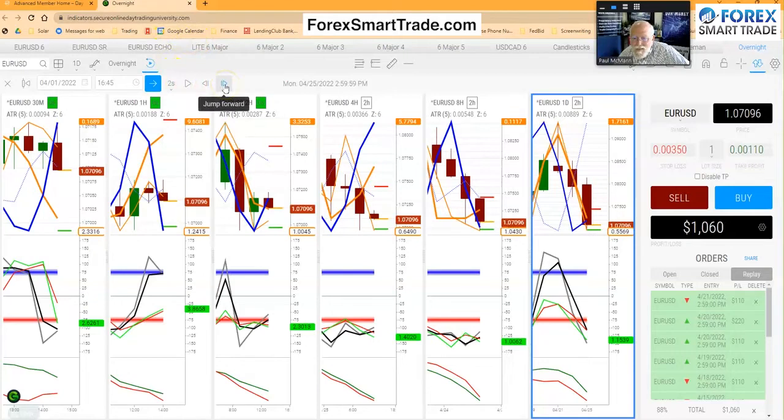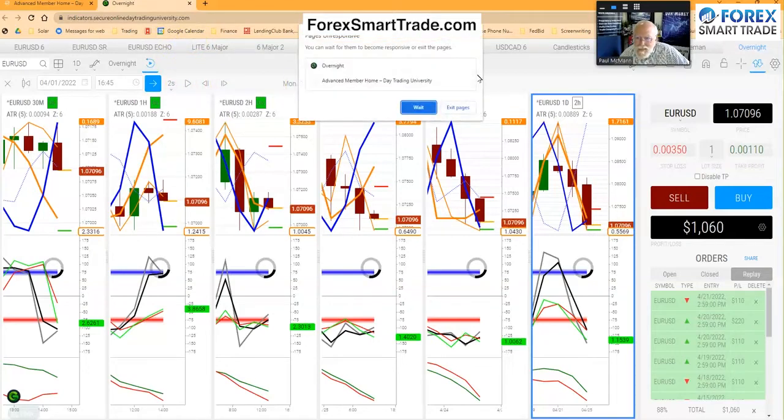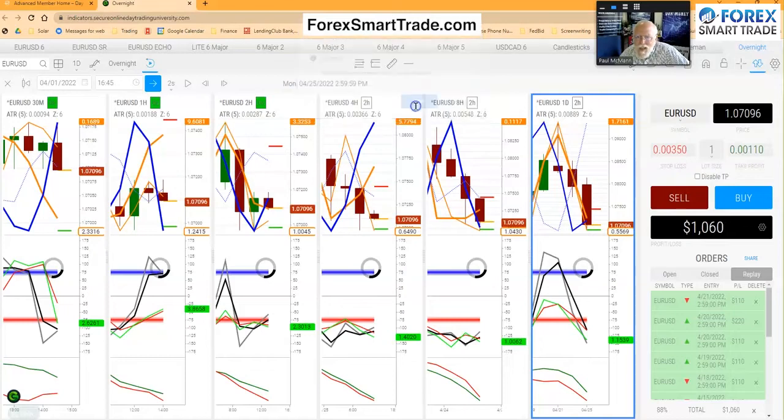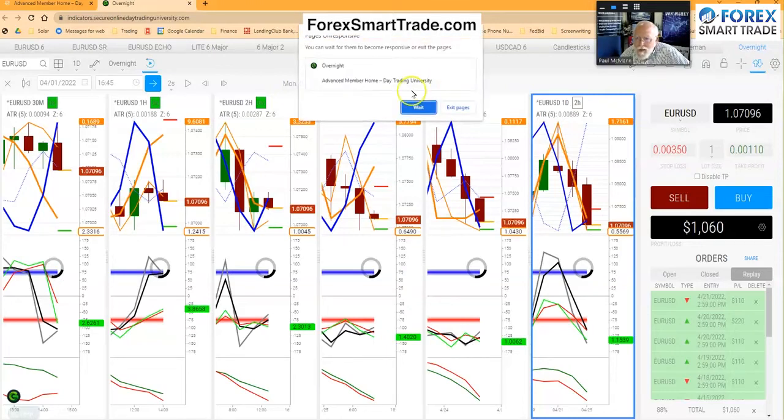Let's advance. All I'm doing is seeing what the indicator's telling me. The indicator is very good at telling me what's going to happen in the future.